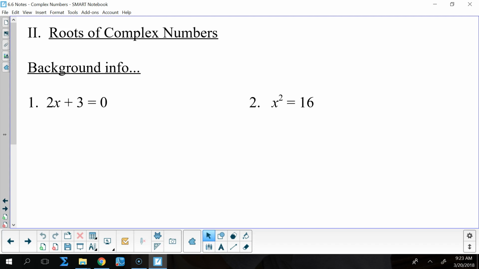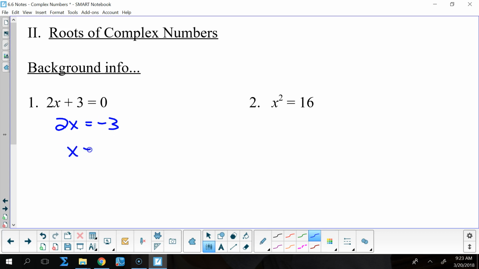So let's talk a little background algebra. Okay? So if I asked you to solve for me 2x plus 3 equals 0, what would you do? Subtract 3 from both sides. Okay? Then what? Divide by 2.